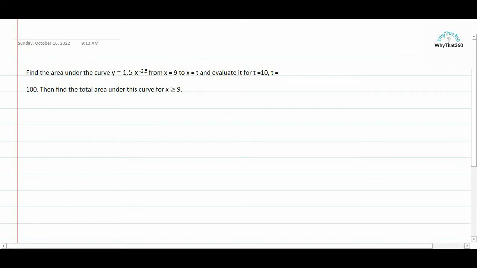So if you know how to find the area under curves, you will see that the area of this curve is given by the integral of y with respect to x, and we will take the integral from x equal to 9 to x equal to t.